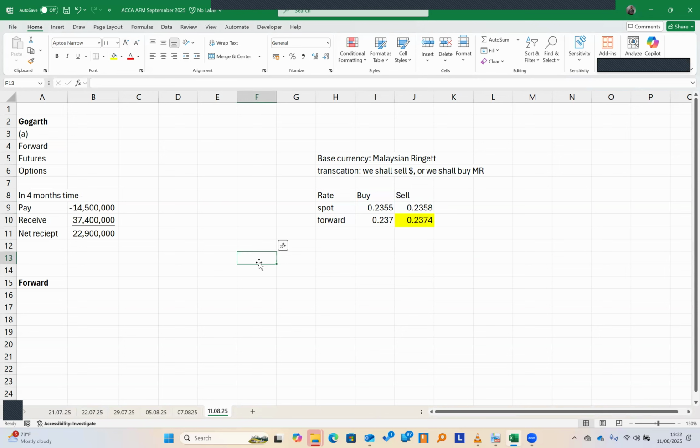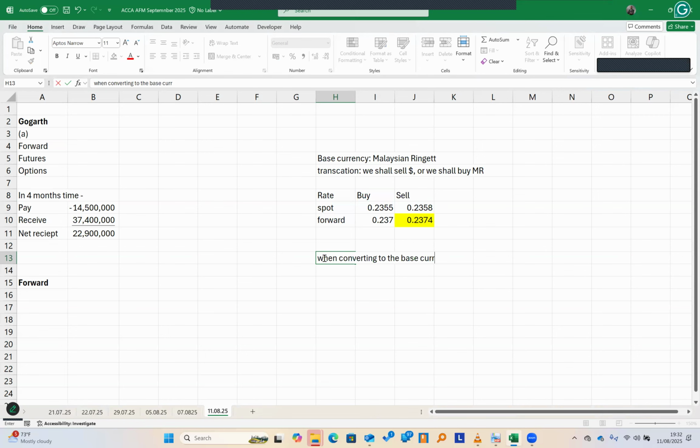And then also, since we are converting to Malaysian ringgit, we are converting to the base currency. So when converting to the base currency, we divide. Okay, and then when converting to the counter currency, we multiply.